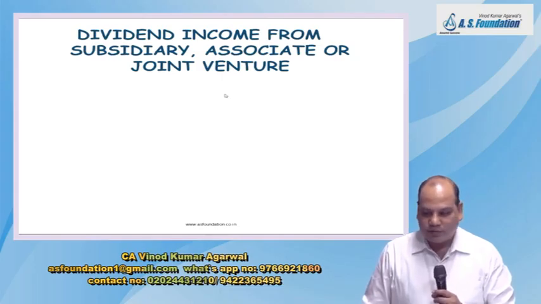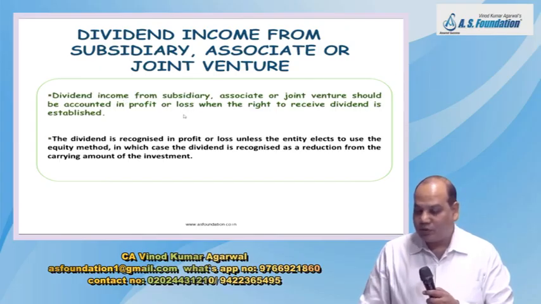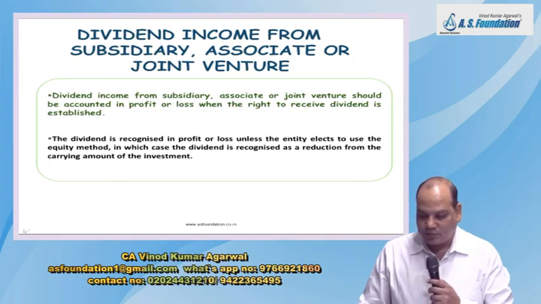Paragraph number 6. Dividend income from subsidiary, associate or joint venture. This standard says whenever the subsidiary, associate or joint venture declares the dividend, then the investor will recognize dividend income subject to the right to receive the dividend is established.